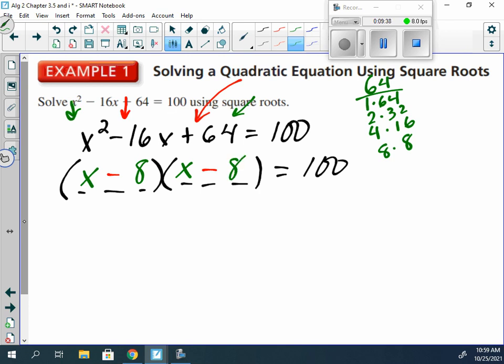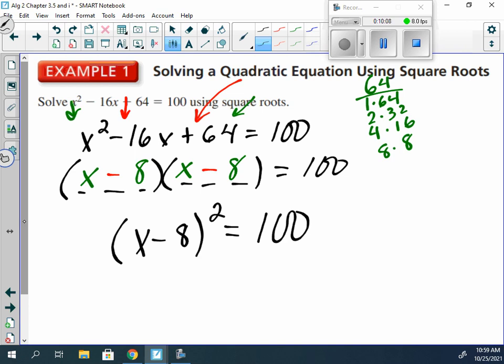And it actually works out that this here will factor to x minus 8 times x minus 8. Wait a minute. Both of these sets of parentheses are the exact same, yes? So I could rewrite this as x minus 8 what? Is equal to 100.